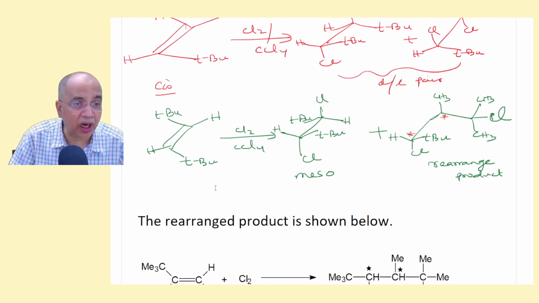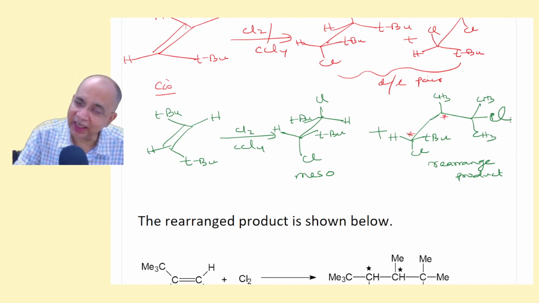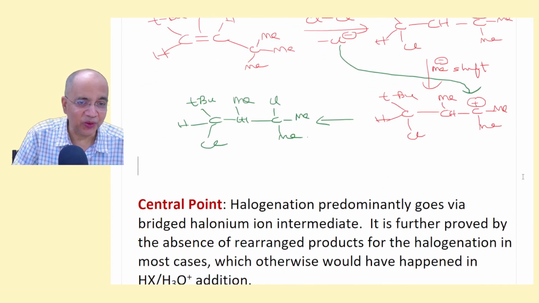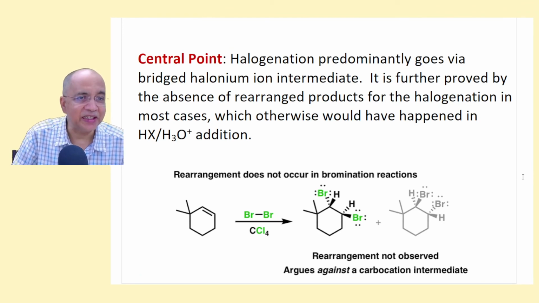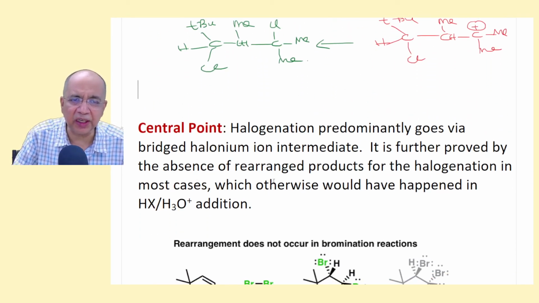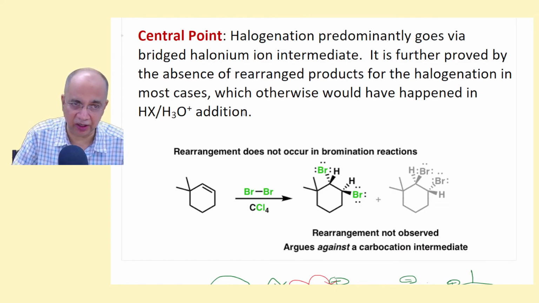But in trans, when the steric crowding is least, some carbocation is formed and goes for rearrangement, giving the rearranged product. So the central point is that halogenation predominantly goes via a bridged halonium ion intermediate. It is further proved by the absence of rearranged product. This is the only exceptional case. But in most cases, you don't get any rearranged products for halogenation, which otherwise would have happened in addition of HX or hydration and all that.